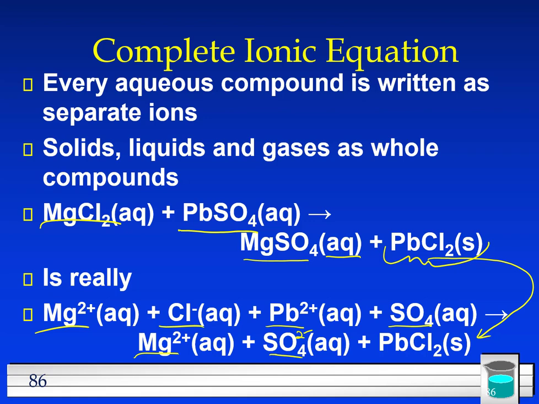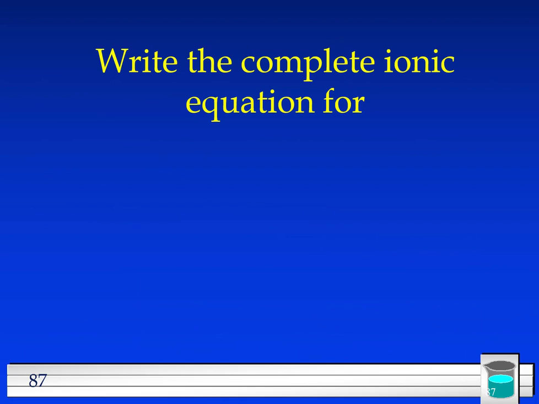What ions are in PbSO4? Well, SO4 is 2 minus, so I can use that to figure out the lead had to be 2 plus. What ions are in MgSO4? Mg2+ and SO4 2-. And PbCl2 is a solid, so it stays together. So anything that's aqueous, tear apart into its ions.